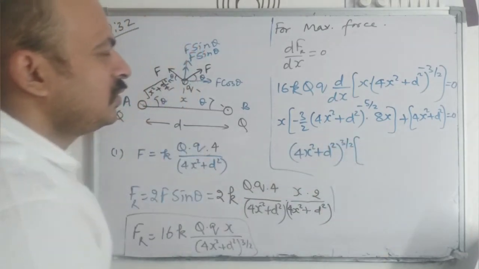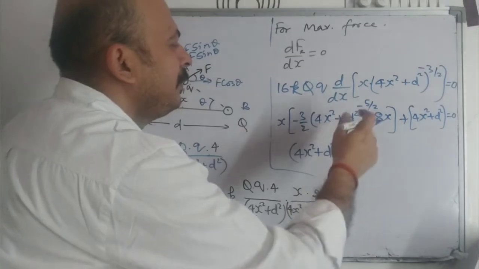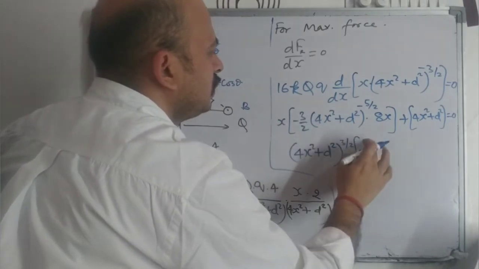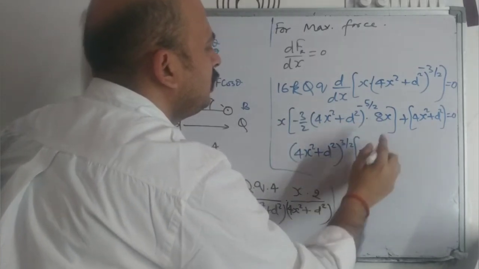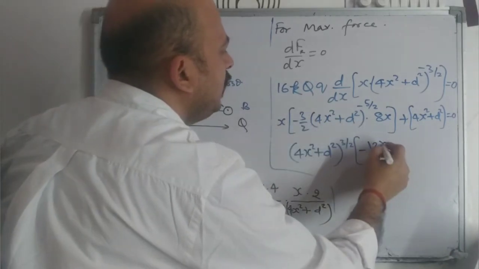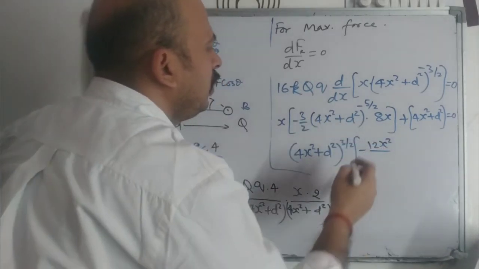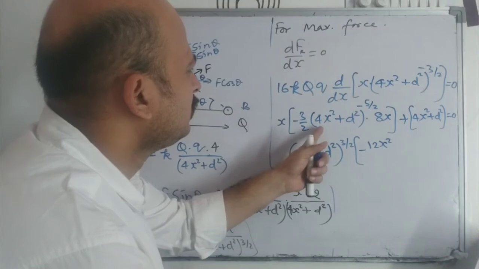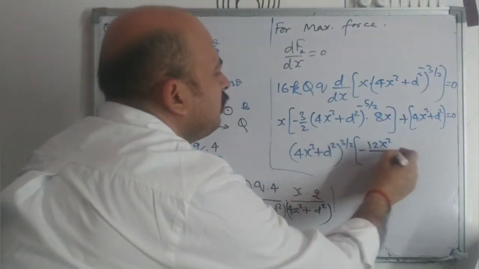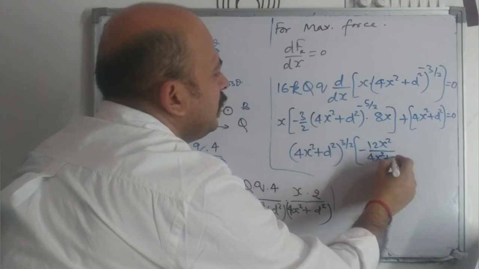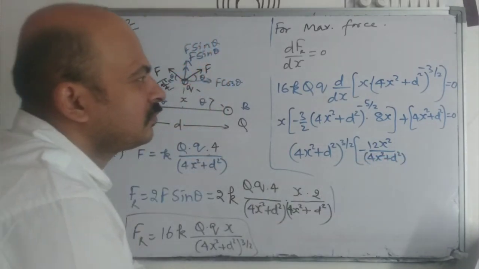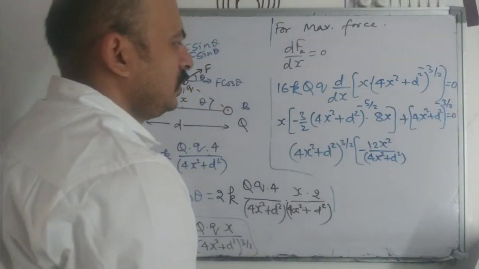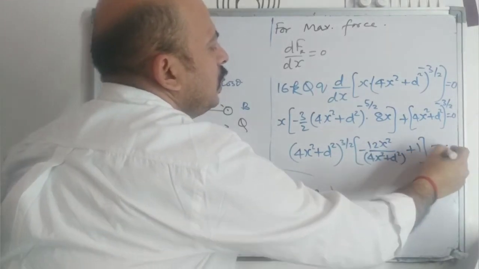So what you have remaining here will be minus 3 by 2 into 4 into 8x into x, that is 12x square, divided by 4x square plus d square, plus 1 is equal to 0.